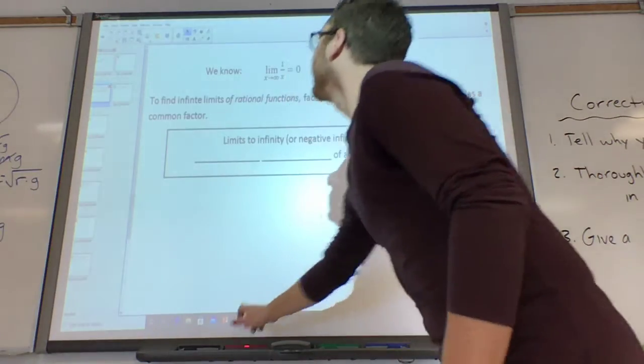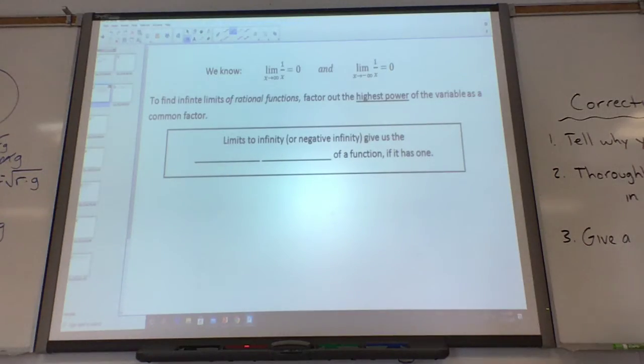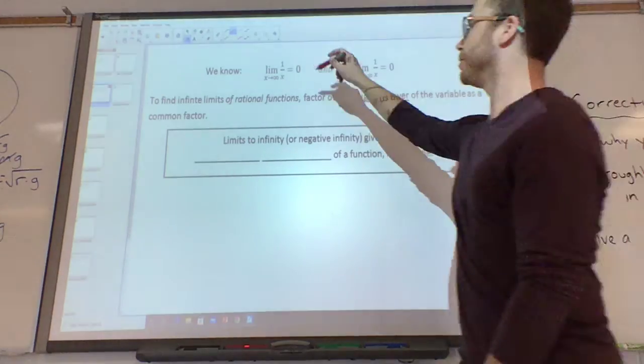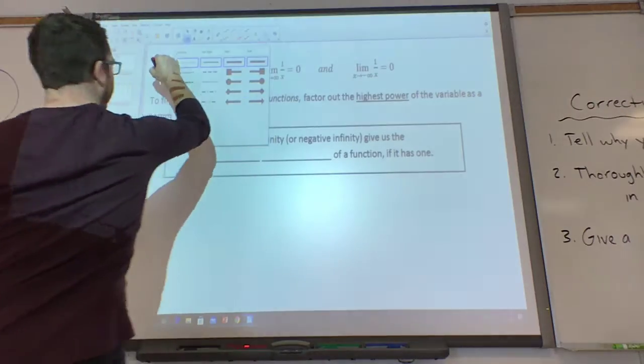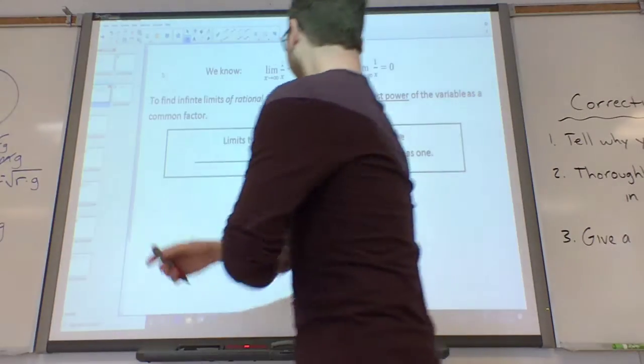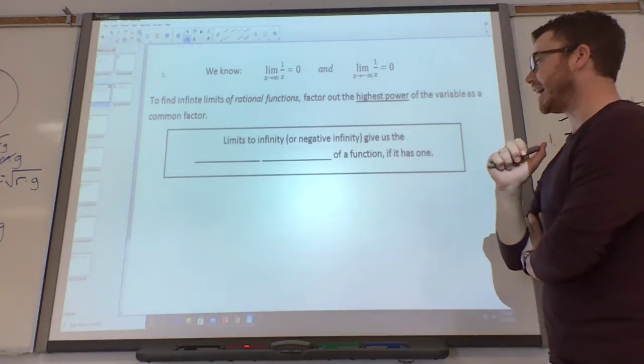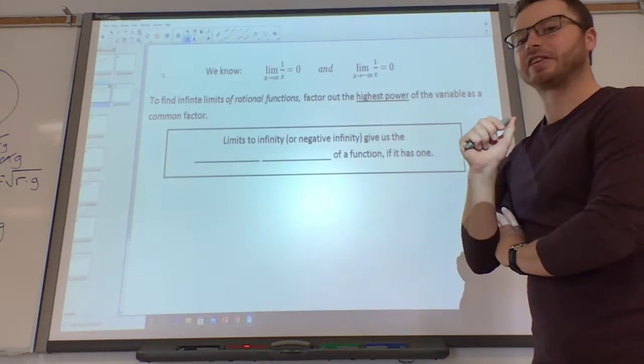So to find infinite limits of rational functions, we're going to factor out the highest power of the variables as a common factor, right? We've done this before, so this should be nothing new for you guys. Okay, so when we are finding limits to infinity or negative infinity, this is going to be new for us today.